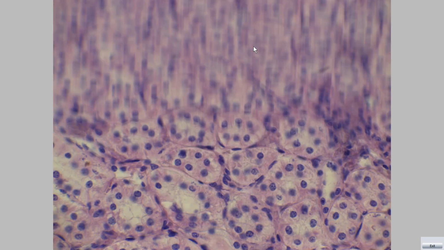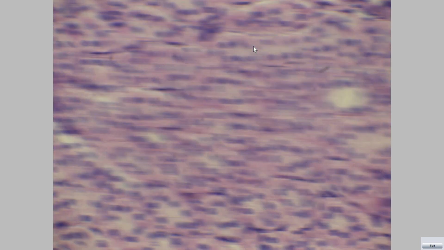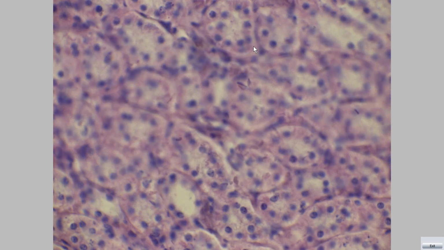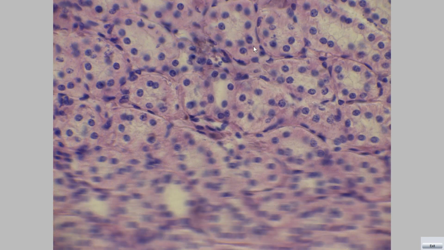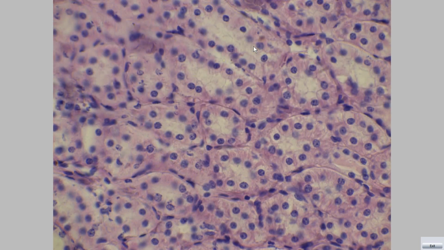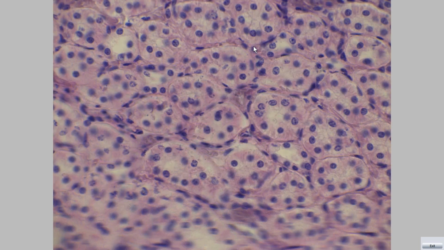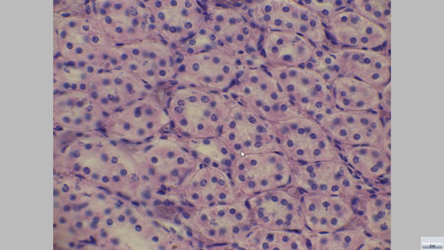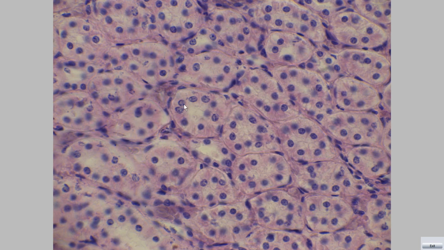Within the medulla, we can also see thick and thin segments of Henle's loop. Thick segment is lined by simple cuboidal epithelium.